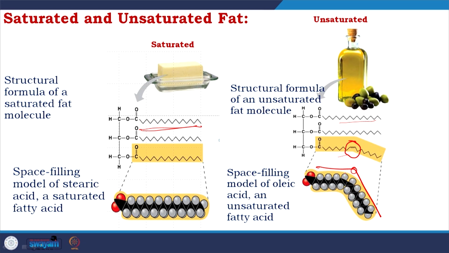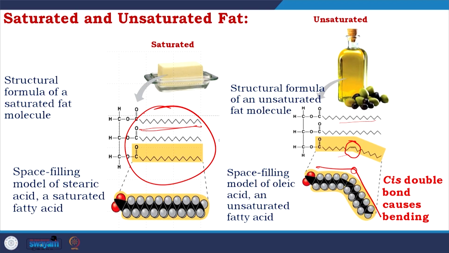Because of the kink, when they are only straight like this, they actually sit there in the membrane and reduce the dynamicity of the membrane. Whereas, when it has this bend, they are more dynamic.